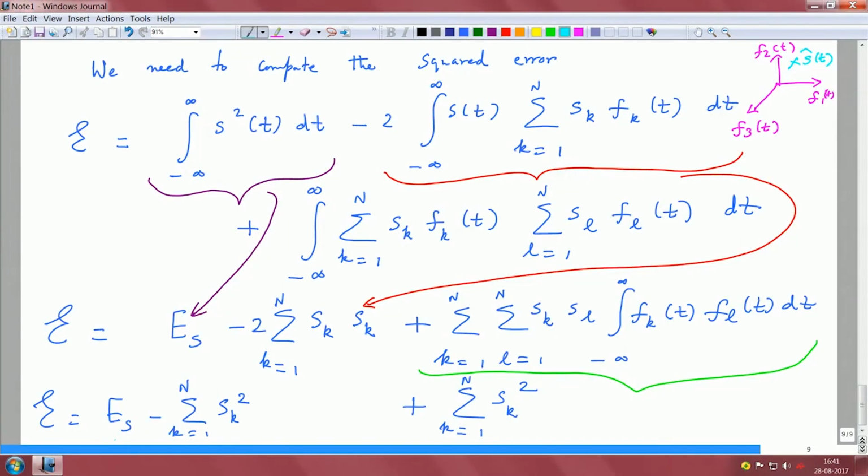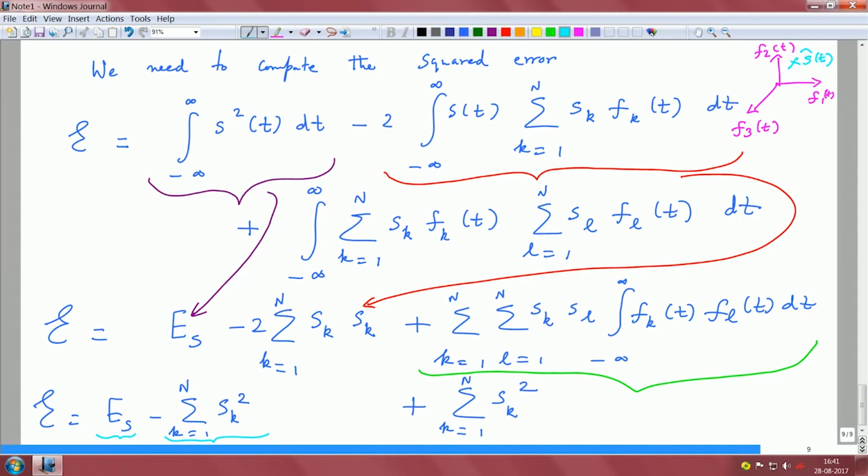And the error that I make in such an approximation is basically the energy in the signal, which is Es, minus the summation k equals 1 to capital N of sk square.